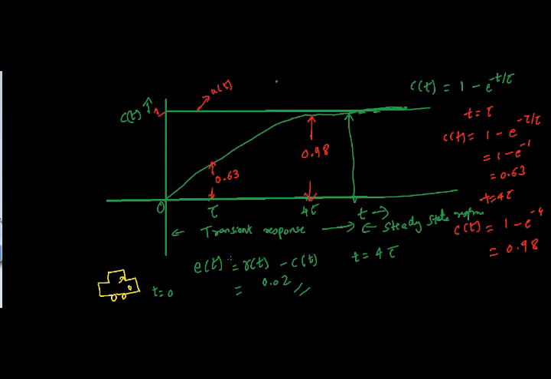So we expect the engine to run in a particular fashion. It runs only at t is equal to 4 tau. Only after this amount of time will the engine run properly. So we'll get to know the time response of this car. If you have another transfer function, if you design the car in a different way, it may have a better response.